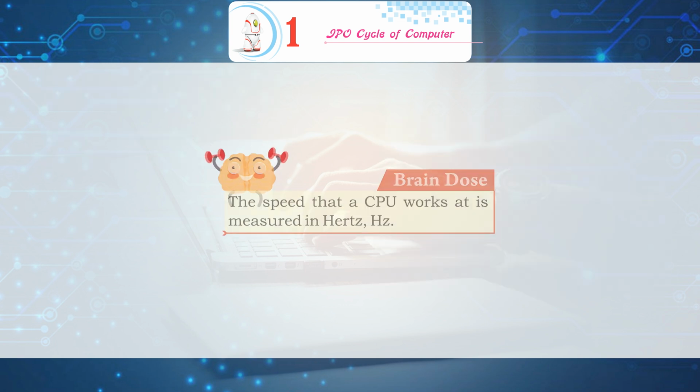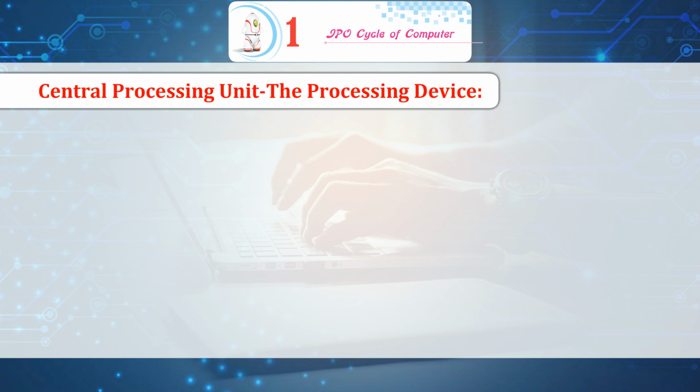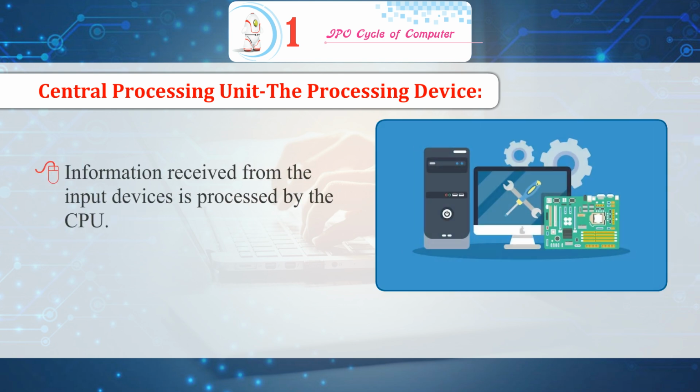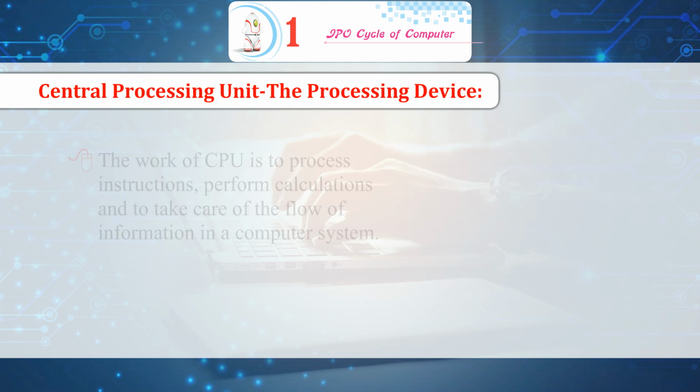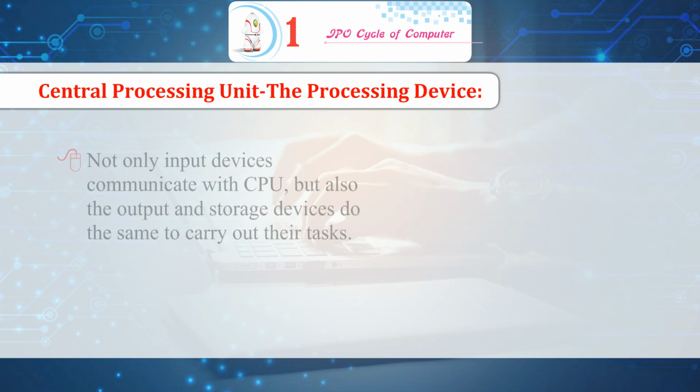Example, 15. Brain dose, the speed that a CPU works at is measured in Hz. Central processing unit, the processing device. Information received from the input devices is processed by the CPU. The work of the CPU is to process instructions, perform calculations, and take care of the flow of information in a computer system.